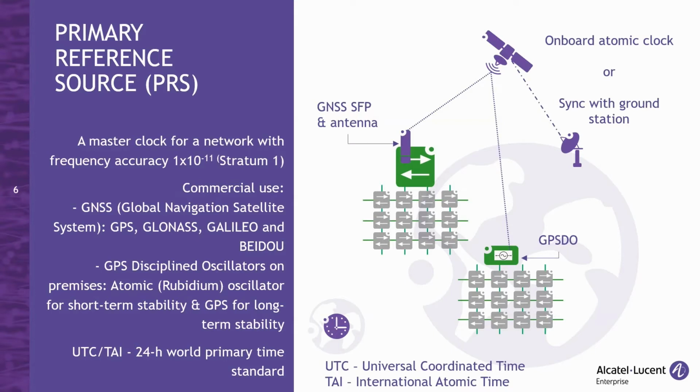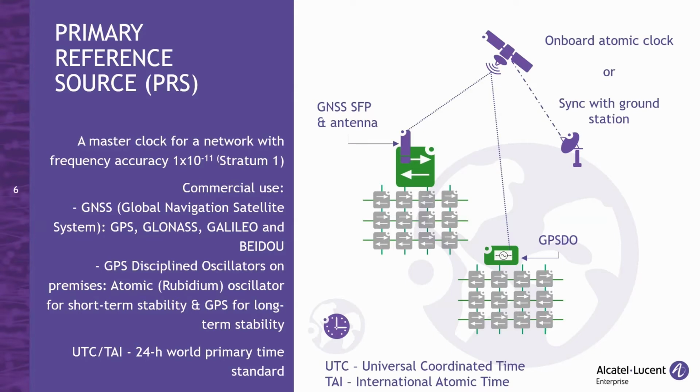So how do grandmaster clocks synchronize to a primary reference clock such as UTC? It can be done, of course, with a Stratum 1 clock deployed on premises, but more commercial solutions depend on synchronization through global navigation satellite systems such as GPS, Galileo, and some others. Those satellites might have an onboard atomic clock, or they can be synchronized with a ground station in order to provide PRS to the network grandmaster clocks.